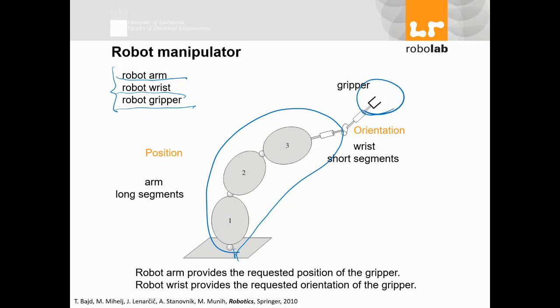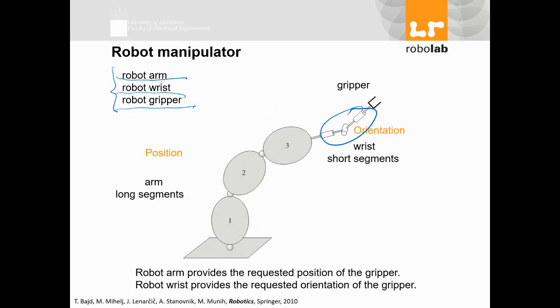So you move your robot arm to grab something, or to do welding, or to do painting. We call that an effector or gripper. And the connection between these two is your robot wrist.